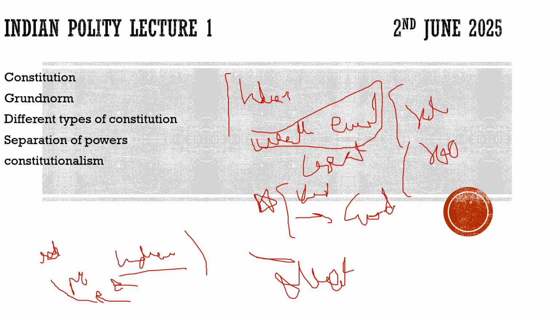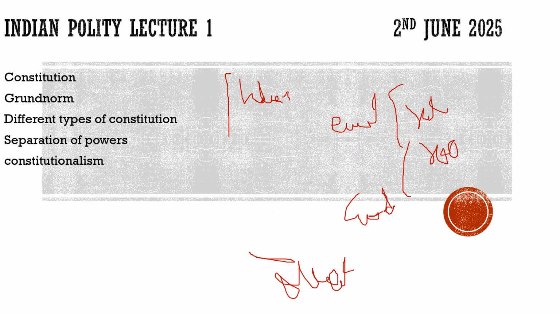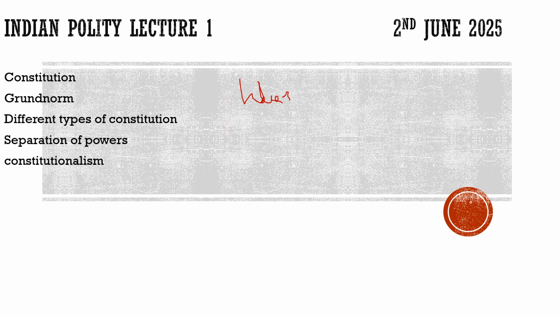Then the modern era came, the Britishers came, and how they interfered and how finally the constitution came in, we will discuss in history. But here, from now on, we will understand what the constitution is. So the real question, which is important for your preparation, is: what is this constitution and what are its functions?